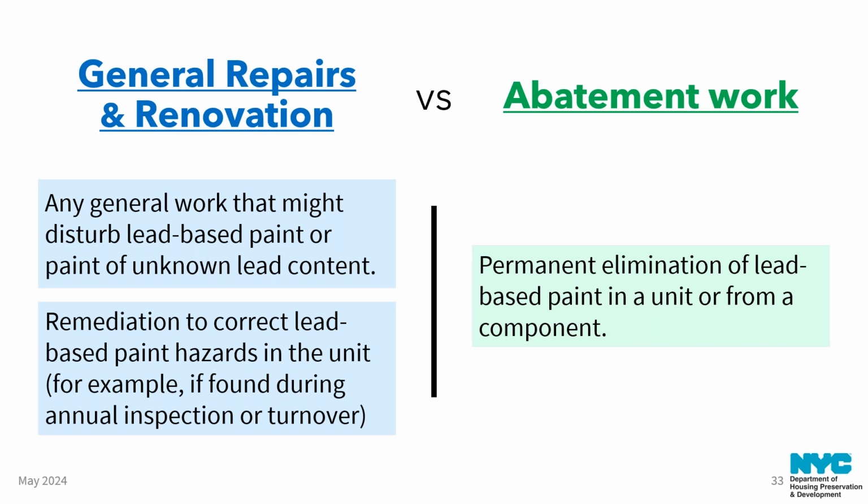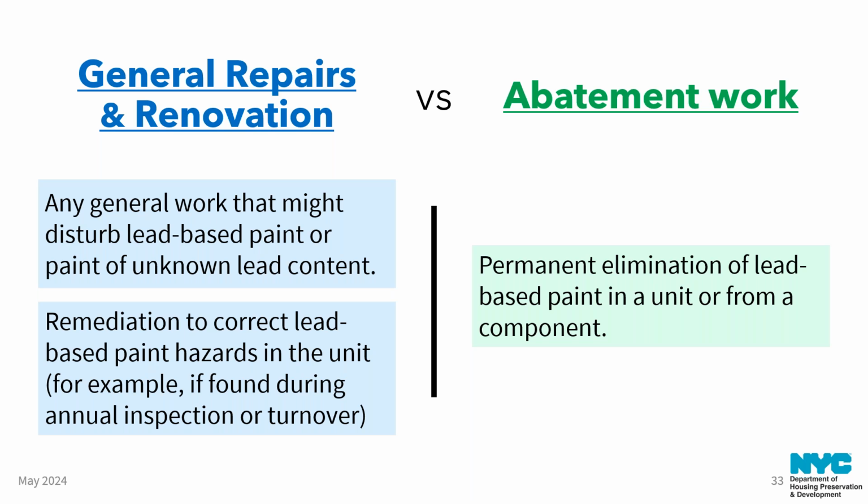Now, I will mention, just for you to keep in mind, that the phrase permanent elimination can be a little more complicated than it appears, because there are certain kinds of abatement methods that don't actually remove the paint, but are considered to last at least 20 years, and that meets the definition of abatement.